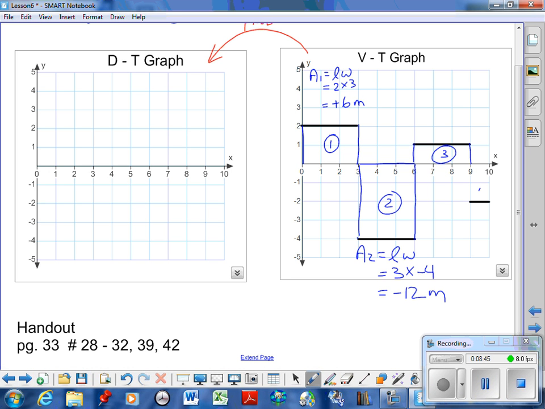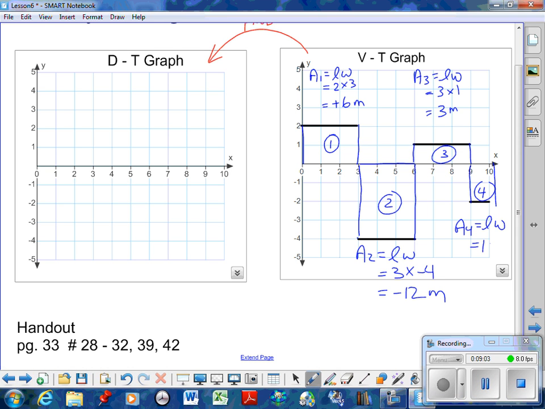Oh, actually, there's 4 areas. What was I doing here making 4 areas? Area 3, another rectangle, length times width. That's 3 times 1, which is 3 meters. And area 4, length times width, it's a rectangle, 1 times -2, which is -2 meters.